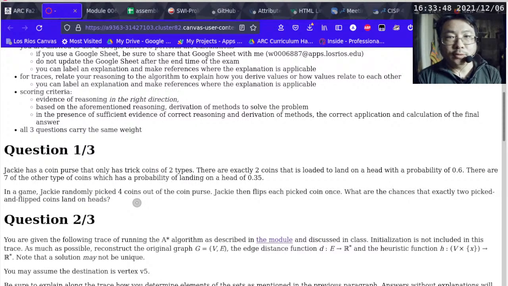So we have to figure out how many, if we are to pick 4 coins, there are like 5 different possibilities, right? Well, let's see. No. There are, let's see, none, 0, or 1. So there are 3 possibilities when we pick 4 coins out of the coin purse.